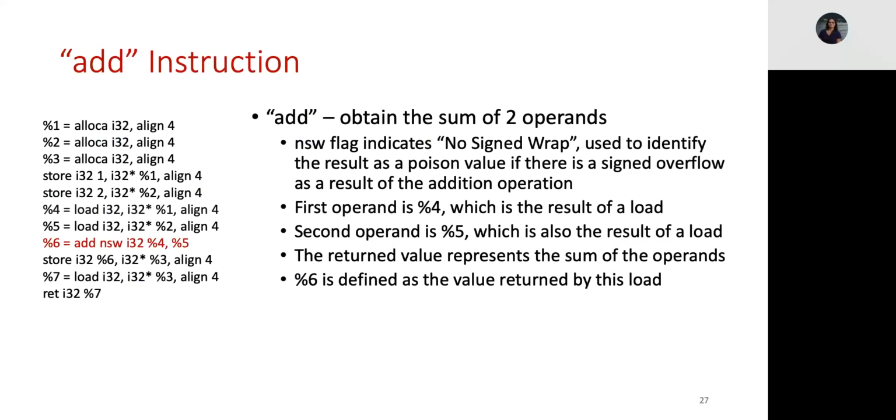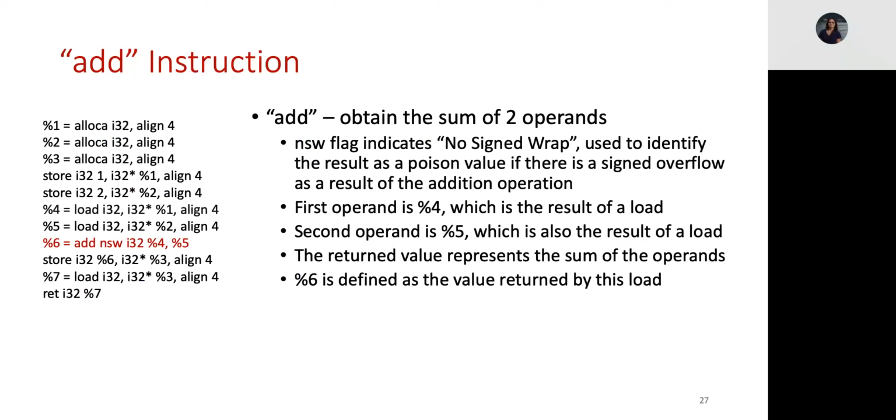So the next type of instruction we see is add, and there is a flag that's not really relevant to our presentation. No signed wrap is used to specify that the result of this addition is supposed to be a poison value, and it affects the behavior of certain instructions later, but not relevant here.